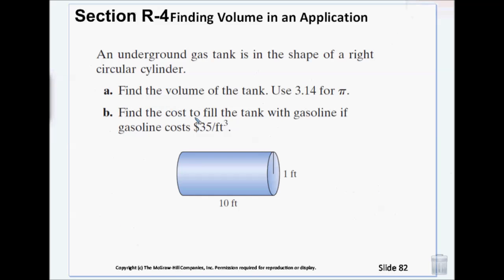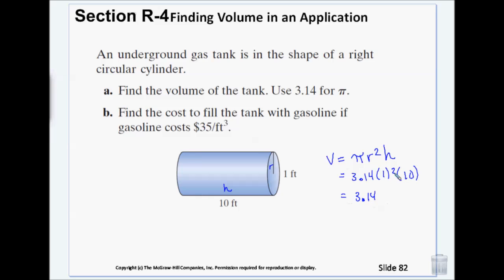Volume of a can. We're going to use 3.14 for pi. So volume is equal to pi r squared h. 10 feet is my height. 1 foot is my r. So it's 3.14 times 1 squared times 10.